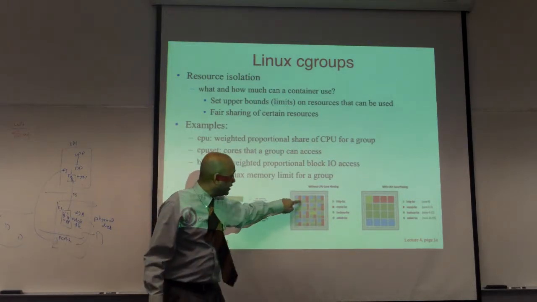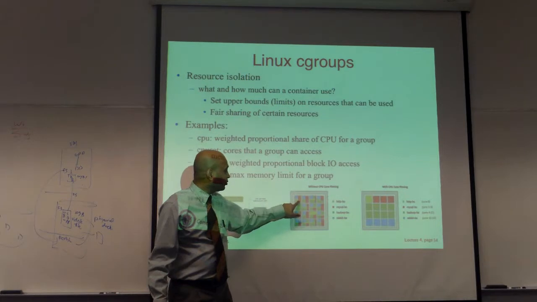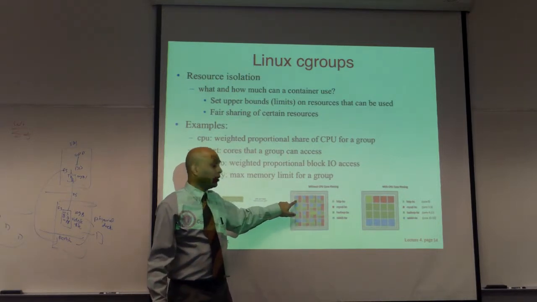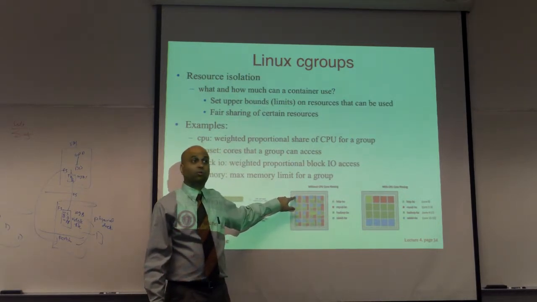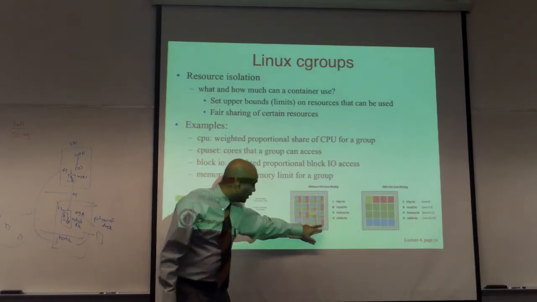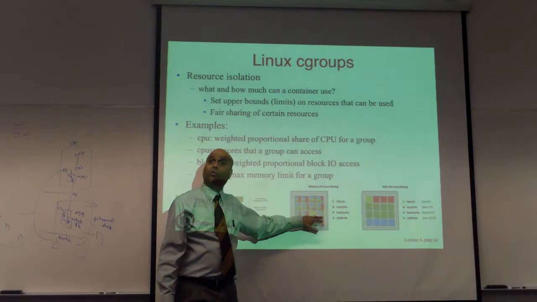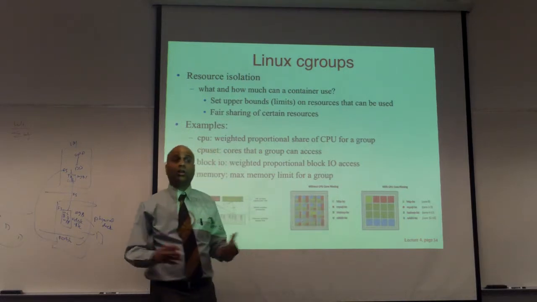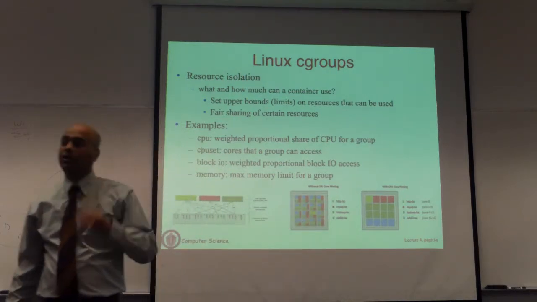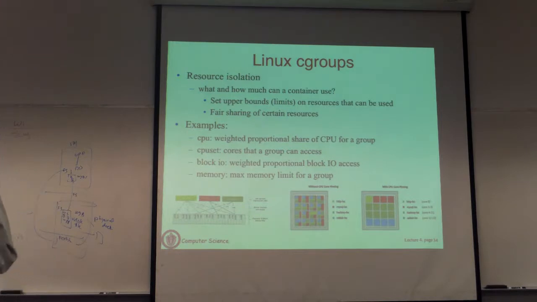So this square shows this half of this core was used by the red container, a quarter was used by the green, and a quarter was used by the blue. If you look at this core here, you will see that the core is split equally amongst all 4 of those containers. All cores are being used by all containers in different fractions. If you do not set any resource limits, everybody gets whatever they use.